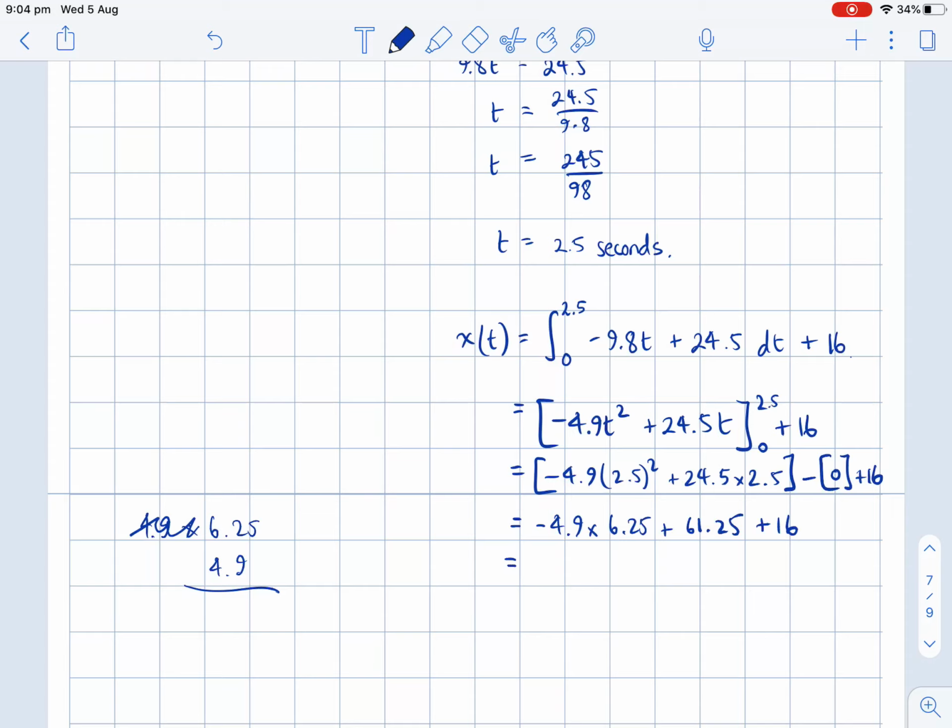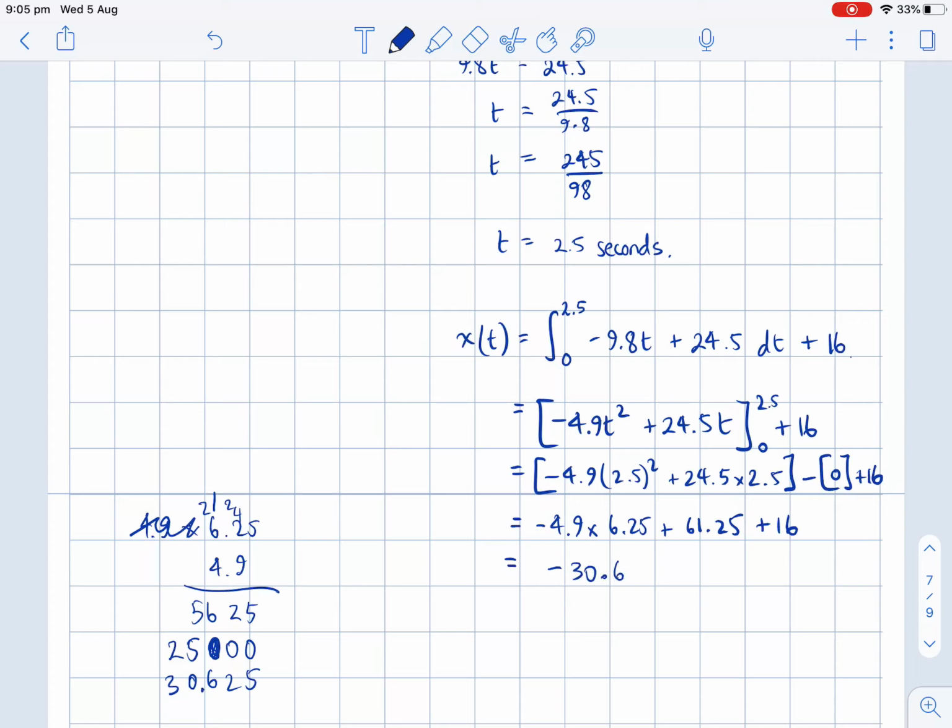Let's go, I'll do it the long way. 9 times 5 is 45, carry the 4, 9 times 2 is 18, plus 4 is 22, carry the 2, 9 times 6 is 54, 56, put down the 0, 4 times 5 is 20, 8, 8 plus 1 is 9, carry the 1, and 4 times 6 is 24, so it's 25, add them to get 30625, and we need 3 decimal places, so it's 30.625.